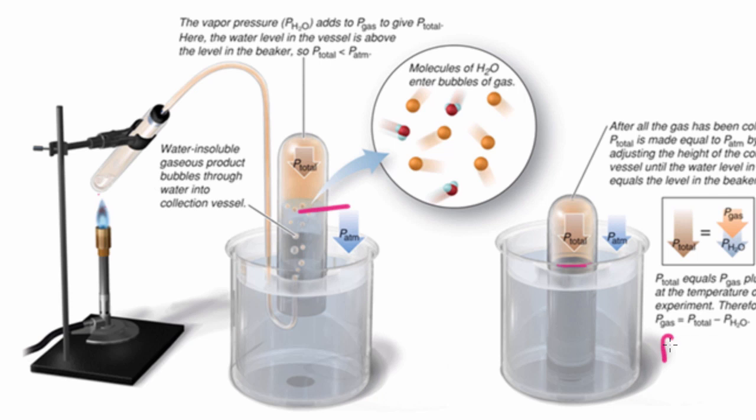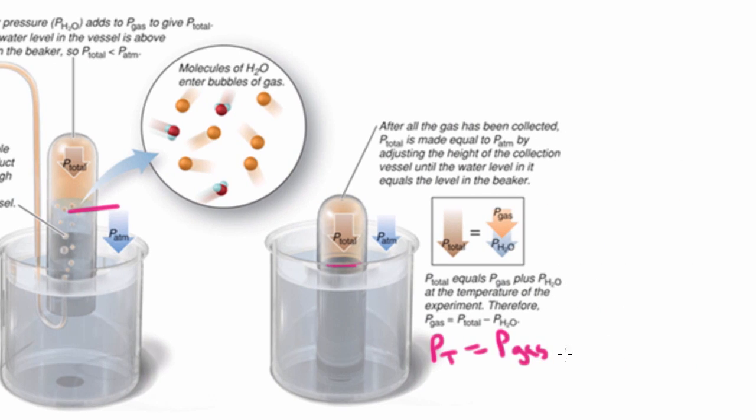What that means is that the total pressure is going to be equal to the pressure of the gas plus the partial pressure of the water, and that'd be at whatever temperature is given.